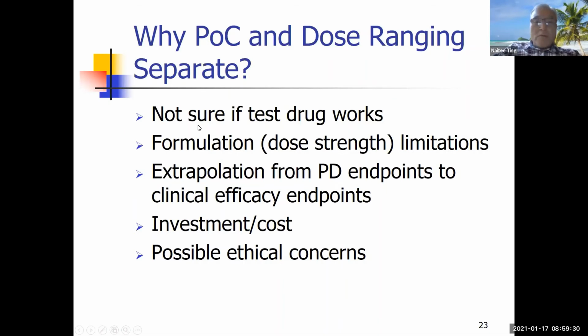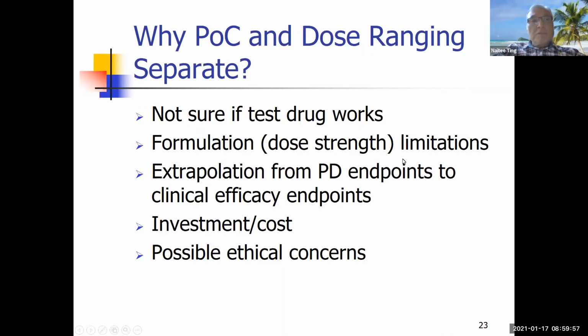So why do we separate? Because we're not sure if that drug works. So you go through a POC. If the concept is not proven, then you don't do it. And there are formulation limitations. I will come back to the formulation issue later in designing dose ranging trials.